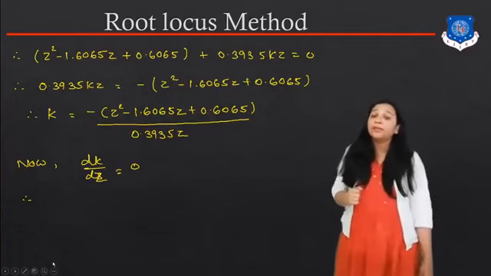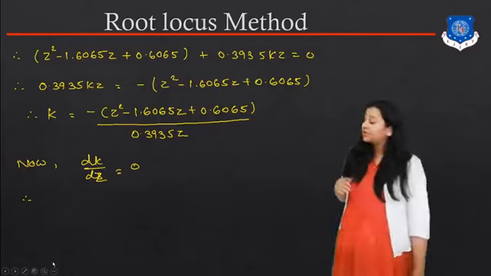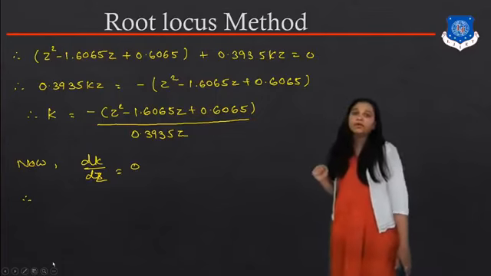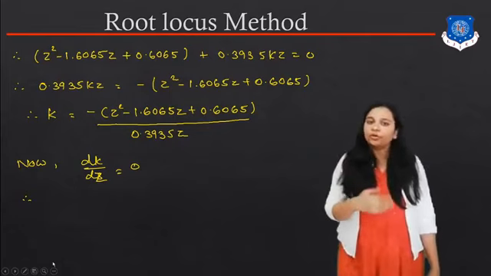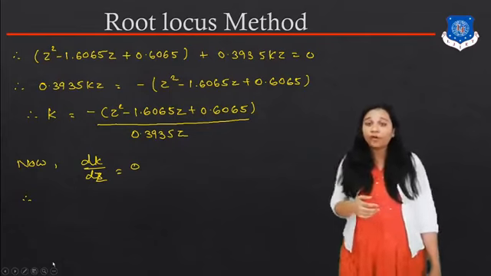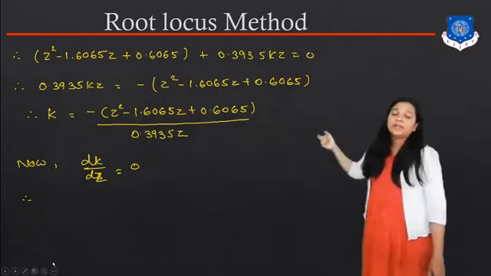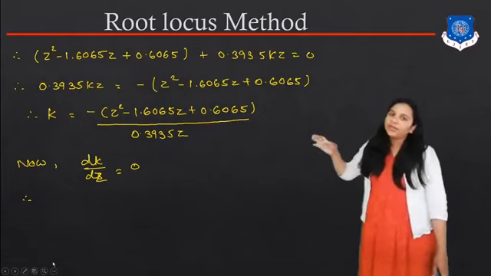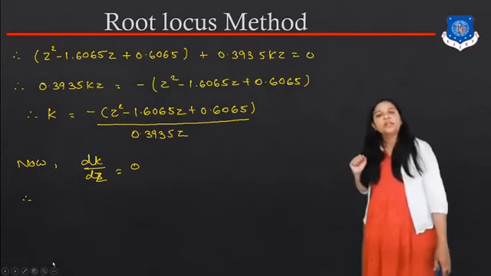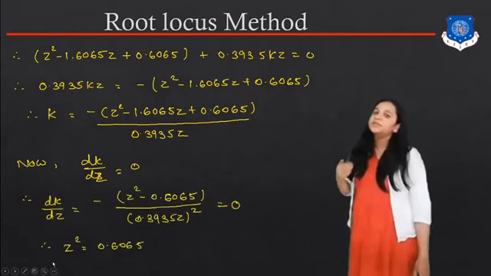Now we have to find the breakaway point. What is the equation of the breakaway point? That is dK by dz is equal to 0. So we have to differentiate K with respect to z. What is the formula? The denominator times the derivative of the numerator, minus the numerator times the derivative of the denominator, over the denominator square, and then simplify this equation.